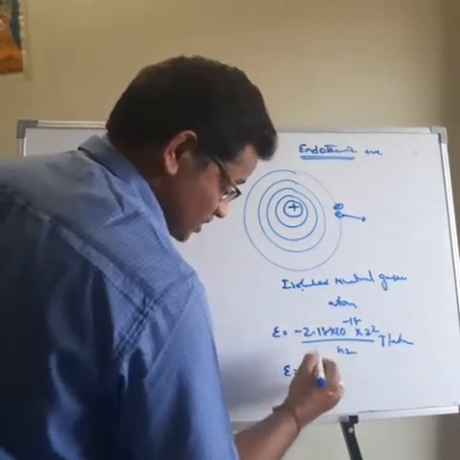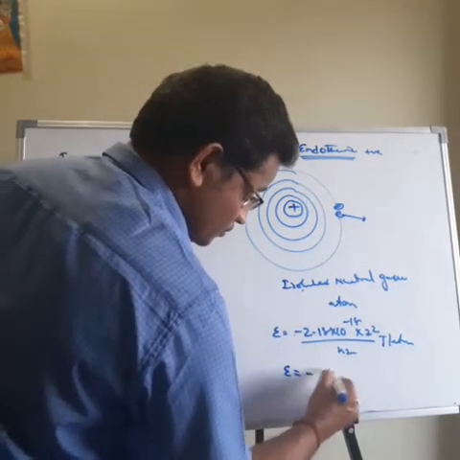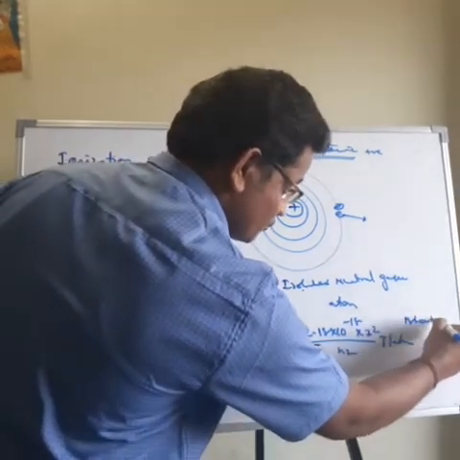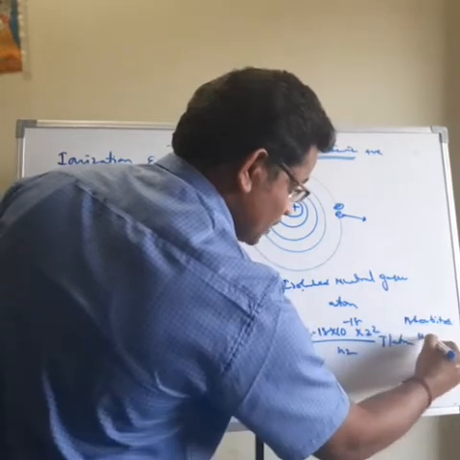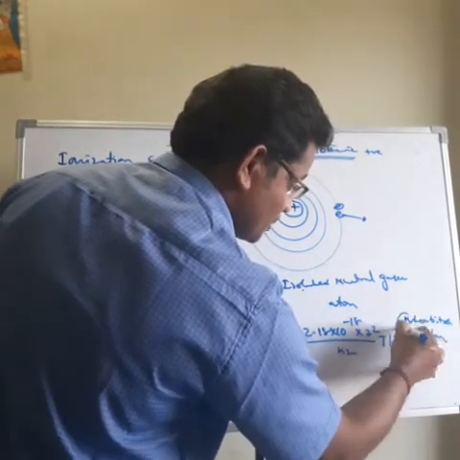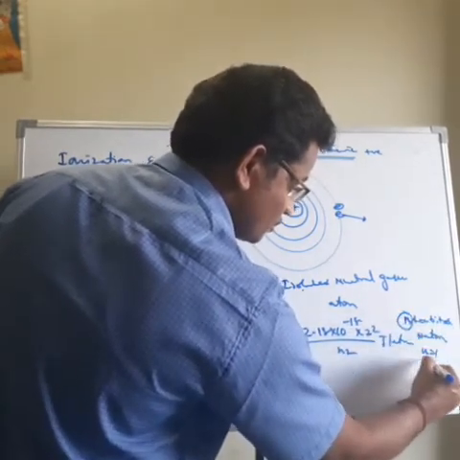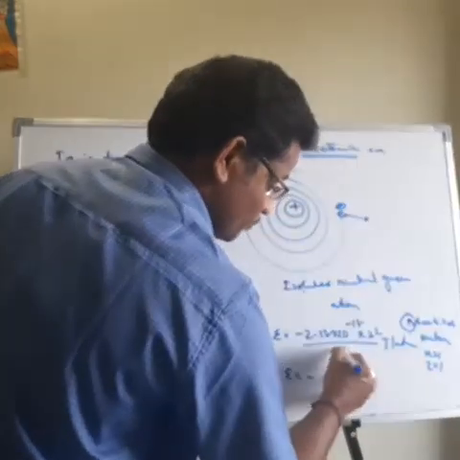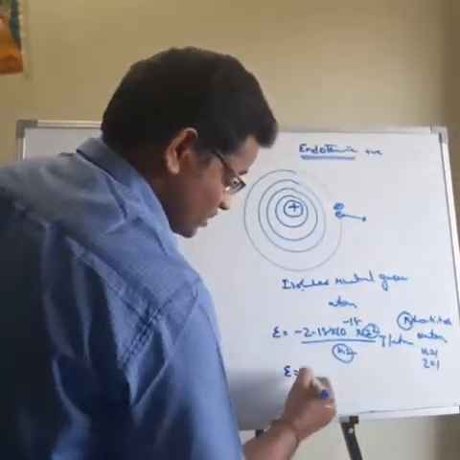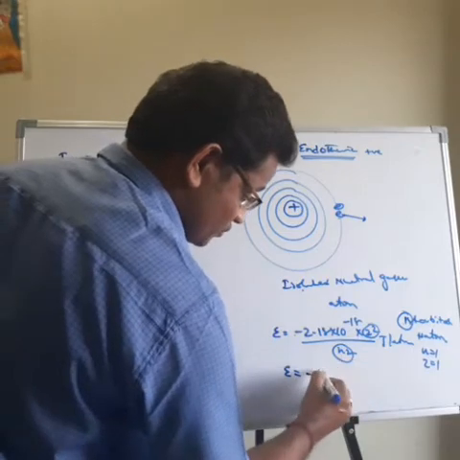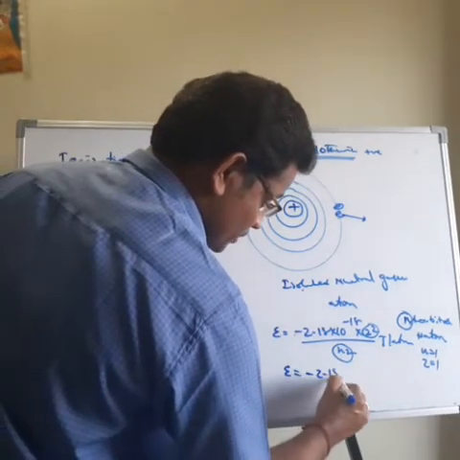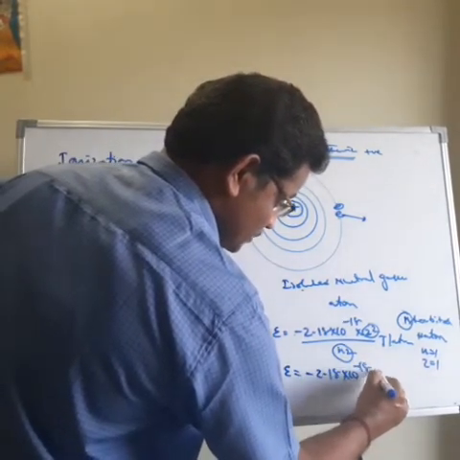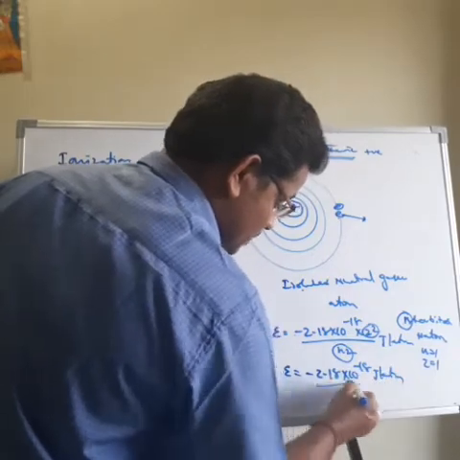So 1 square cancels. Then what do we get? For the first orbit of hydrogen atom, n value is equal to 1 and Z value is equal to 1, so both cancel. Then the energy of the first orbital of hydrogen atom is minus 2.18 into 10 power minus 18 joule per atom. So this is the energy of the first orbit.